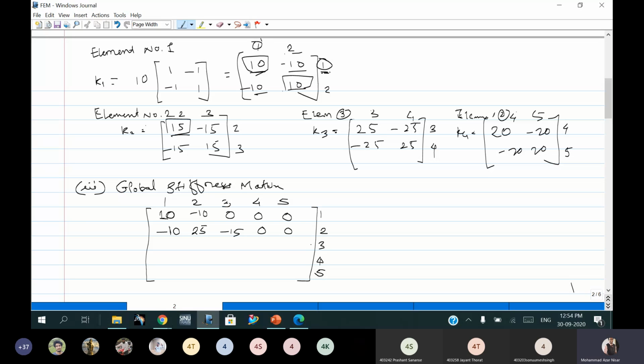For 3 and 3, there are two values: this 15 and this 25. So it is equal to 40, the addition of 15 plus 25. Then again 4 and 3, minus 25.